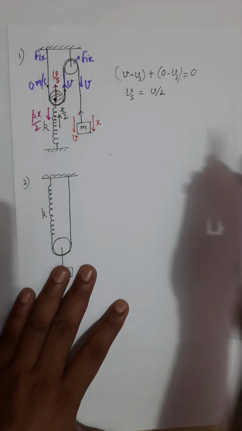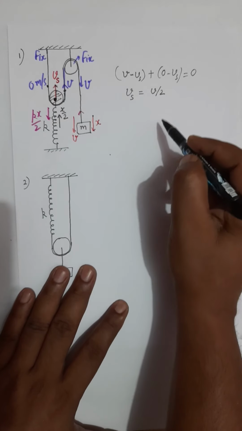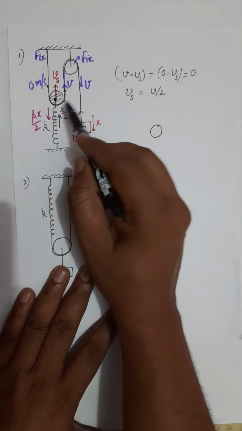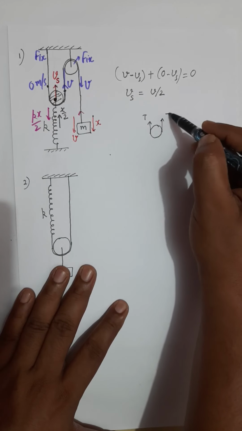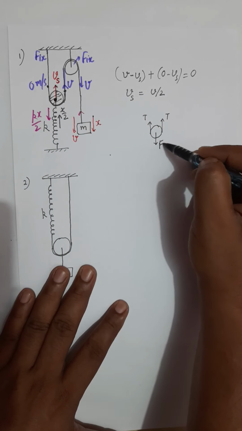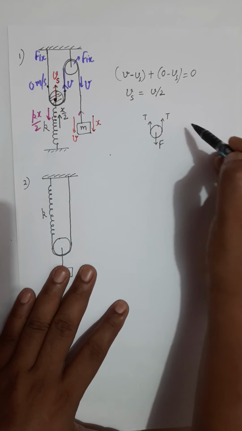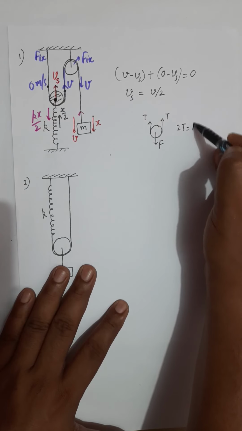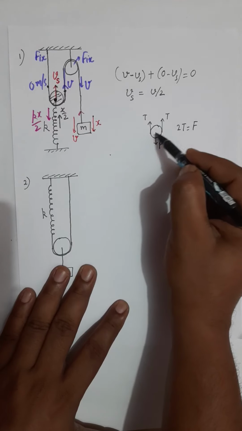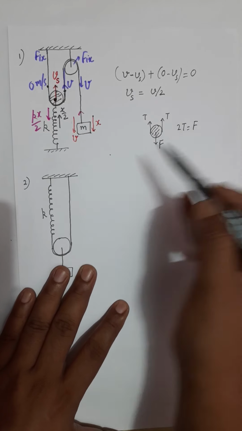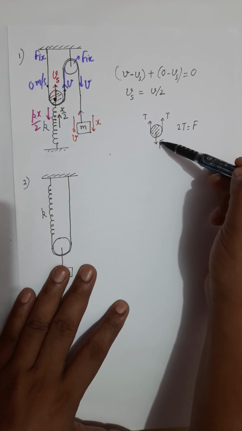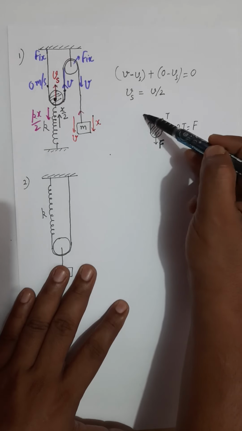For that we have another concept, that for any massless pulley, if you have tension force T on both sides and a force capital F in the downward direction, and if this is a massless pulley, you can write 2T equals F. If the pulley is ideal, you can write 2T equals F. So if you change the value of F, the value of T will also change.